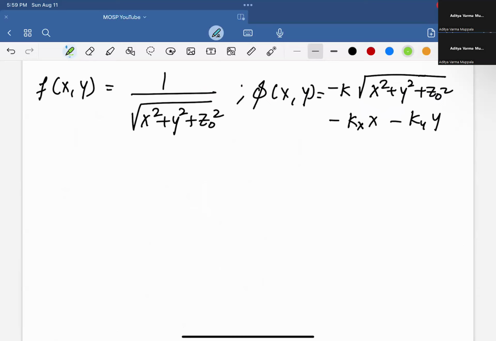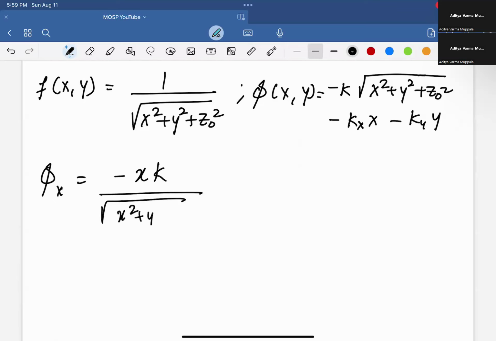I'm not going to do all the steps because this is fairly simple to do if you know basic calculus. So I'll just go through it quickly. So phi x, which is the first derivative of phi with respect to x, is minus xk over square root of x squared plus y squared plus z naught squared, minus kx.